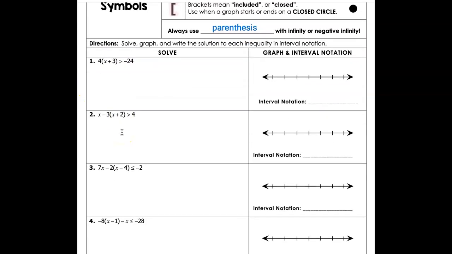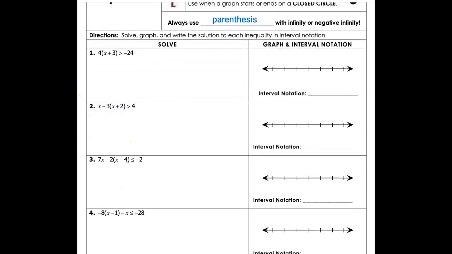So we're going to look at a couple of examples here. Again, treat the inequality sign just like it's an equal sign. So our first step, just like with equations, we're going to start by distributing. So now we have 4x plus 12 is greater than negative 24, and then it's just like a two-step equation.